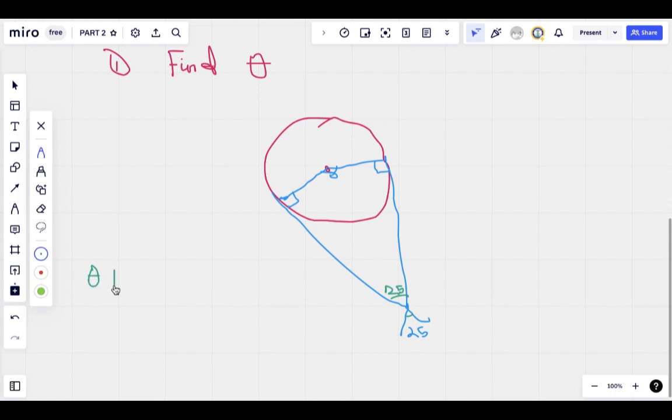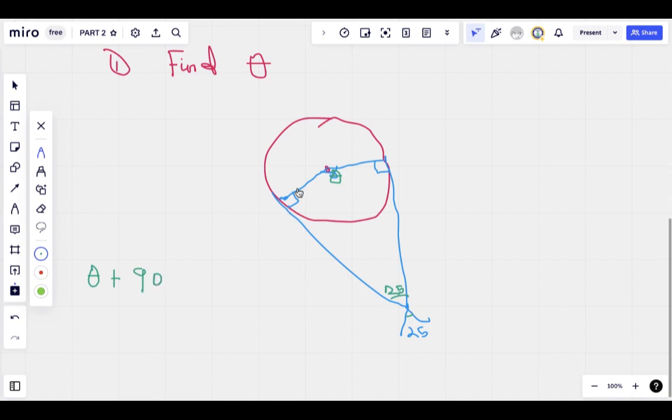plus this angle theta, plus 90 plus 90. So I can simply say 180, but for clarity, let me show them separately.